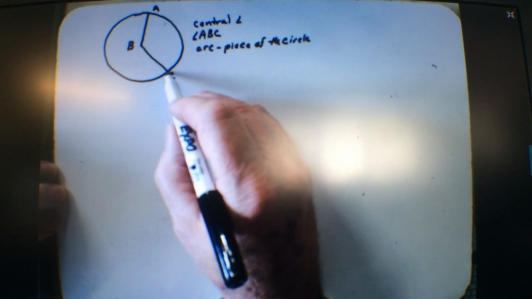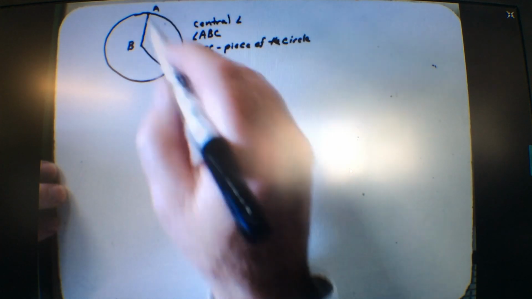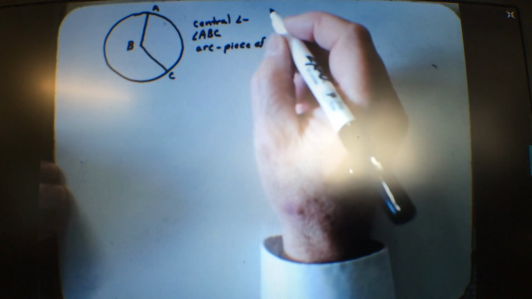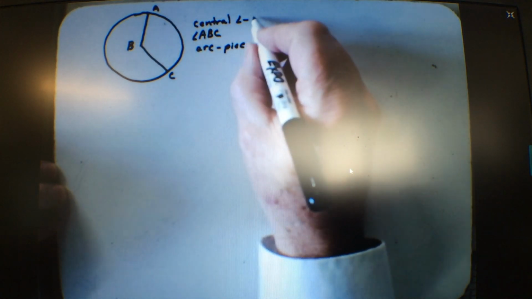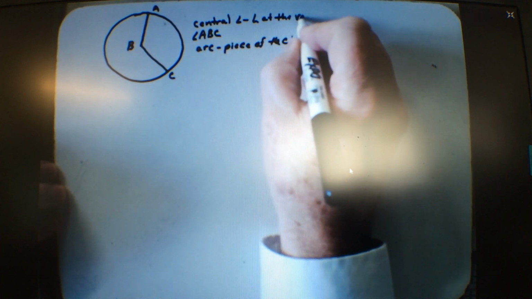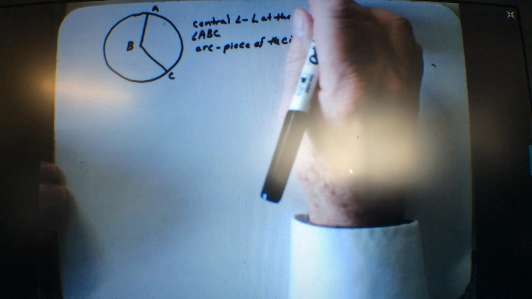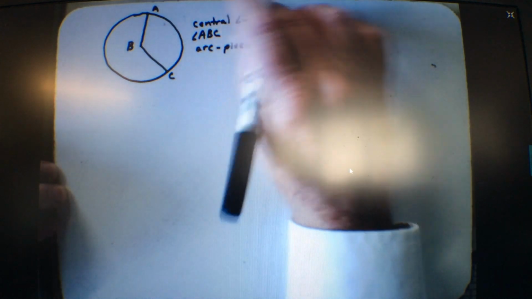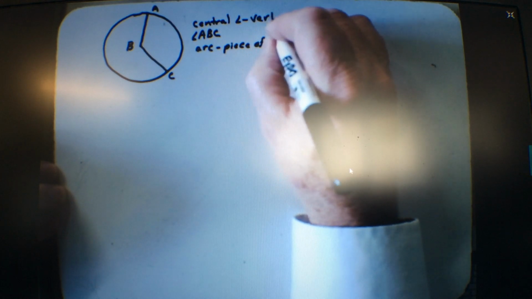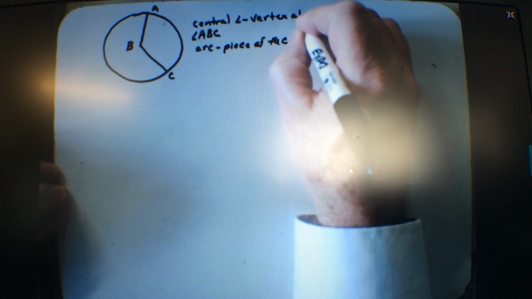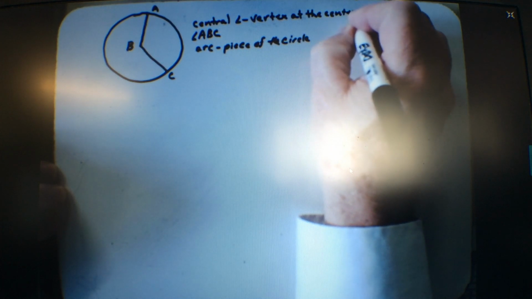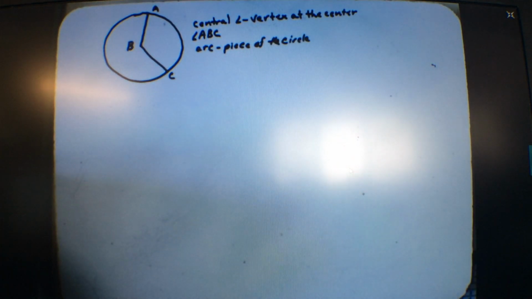It's where the central angle touches its endpoints. I never really did tell you what the central angle is. Excuse me, I totally blew that. It has the vertex at the center. That's what a central angle is.